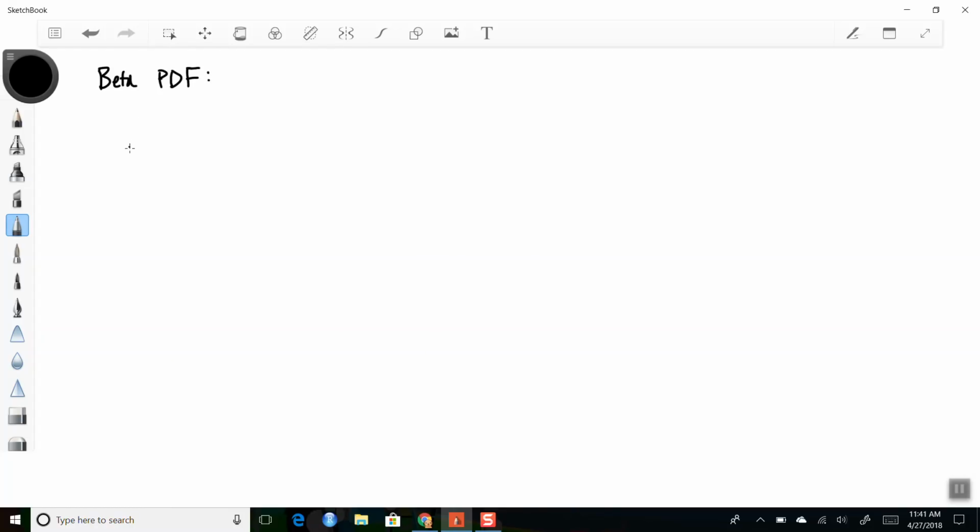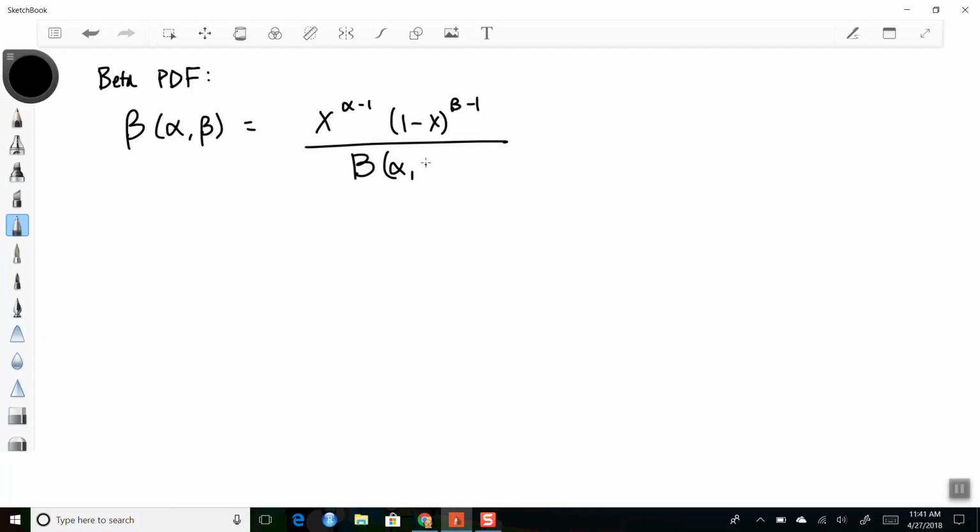Okay, so our beta of alpha and beta, the PDF of this is x to the alpha minus 1 times 1 minus x to the beta minus 1 divided by the beta of alpha comma beta.